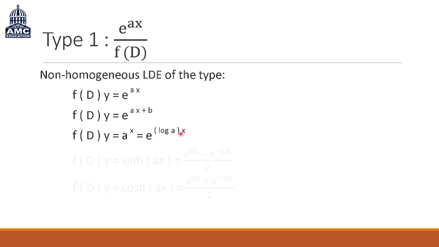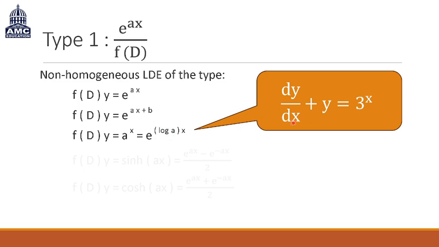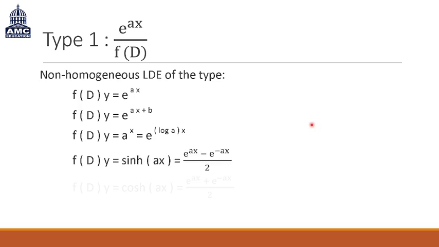So log a times x is basically log of a power x, and e power log of something is that something. So basically a raised to the power x is equal to e raised to the power log a multiplied by x. So the coefficient of x is log a, and we can solve equations, for example, dy by dx plus y is equal to 3 to the power x. You see the right hand side, the R(x), is changing.